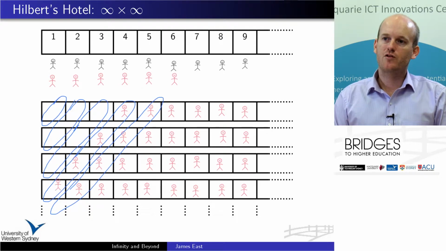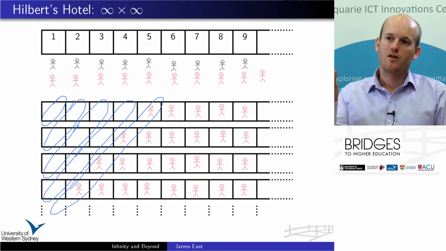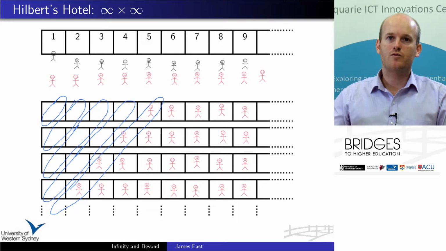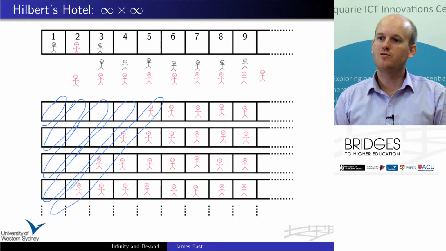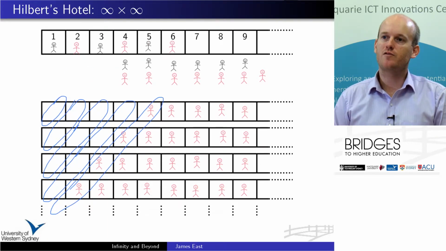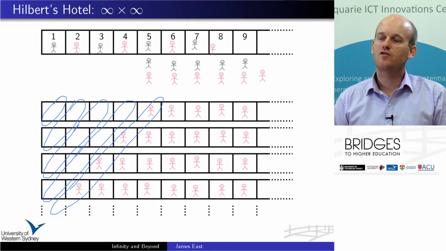So because each row now of the pyramid only has finitely many people, each person will at some point exit the bus. So eventually we'll just have 2 rows of people, the black people from the hotel and the red people from the buses. And we know perfectly well what to do with 2 rows of people. We just interleave them, or we shuffle them together and take turns.